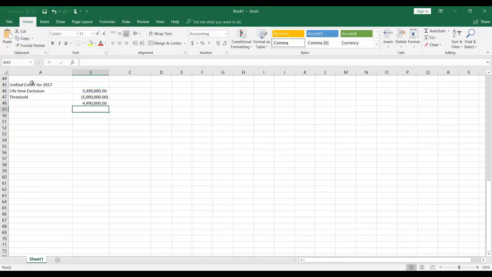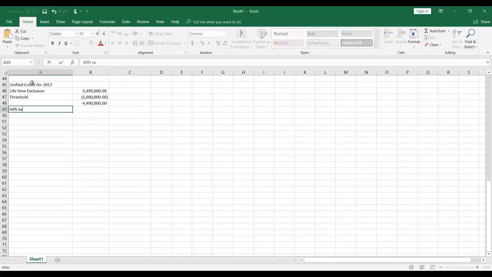The tax on the amount in column A is 345,800. So on 1 million, you have a tax of 345,800. In column B, it says the rate of tax on excess over the amount in column A; the tax is 40%. So to this 4.49 million, I apply my 40% tax rate.